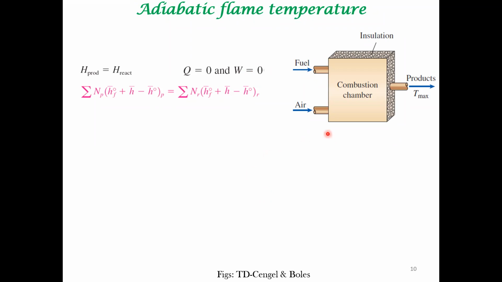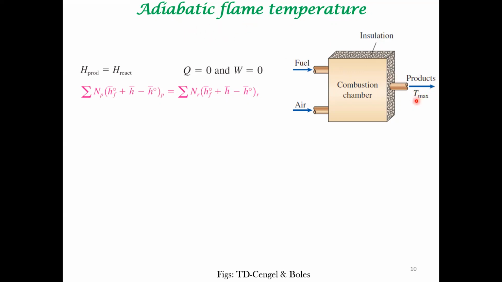So all the heat released is utilized for increasing the temperature of the products, so the temperature of the products is at the maximum level. None of the heat escapes out to the environment, and no work is done on the environment. So that's called adiabatic flame temperature.